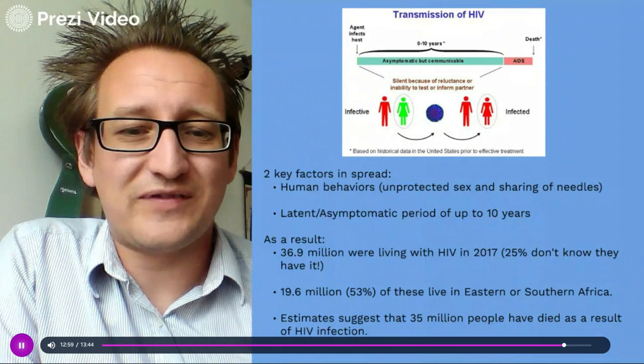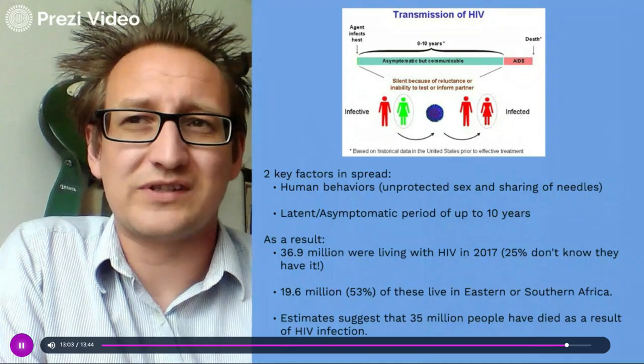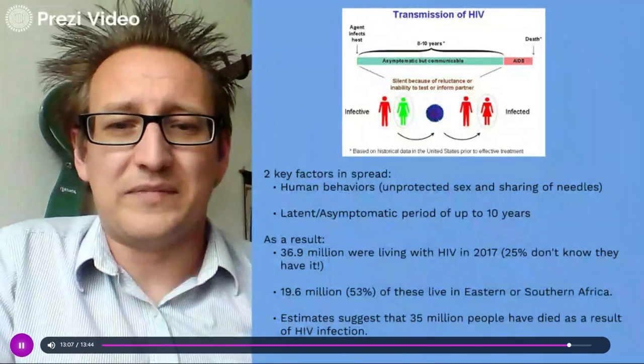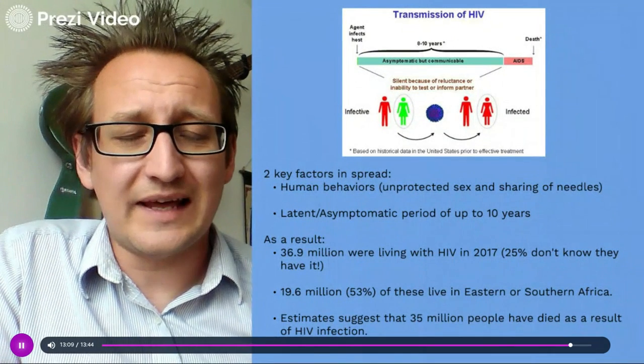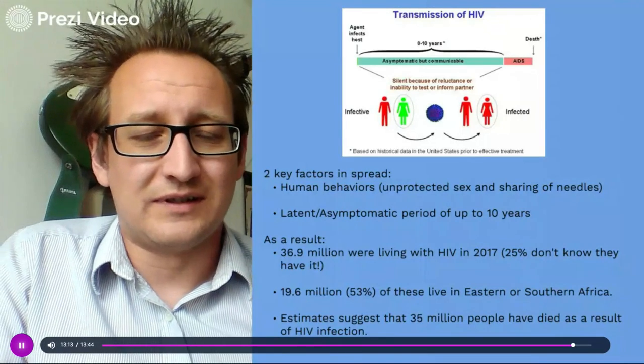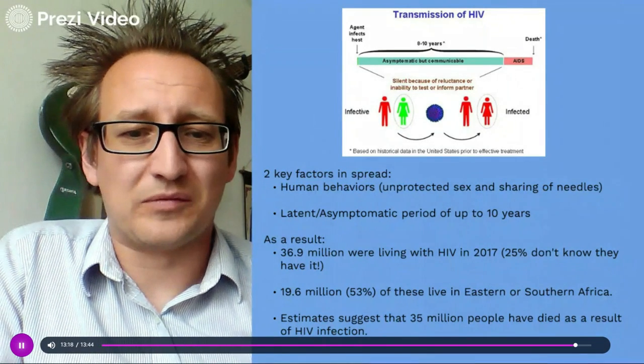Now, about 50% of these live in Eastern or Southern Africa. So this is where a big concentration of the disease exists, and this can be as a result of poor medical infrastructure, lack of medicine, lack of understanding and education, and lack of contraception and birth control and things like that to protect people from it.